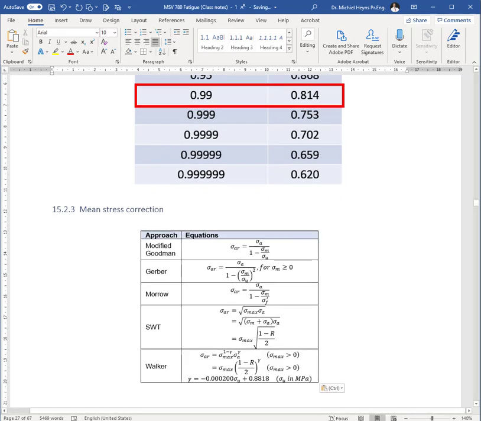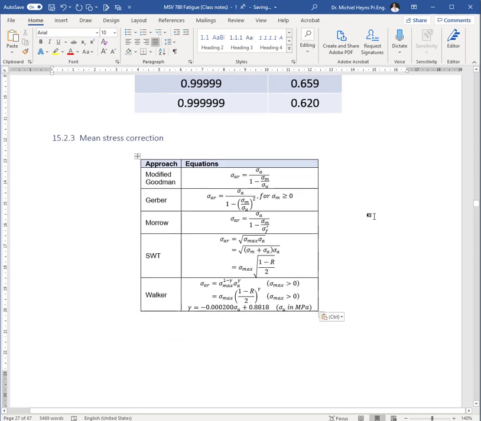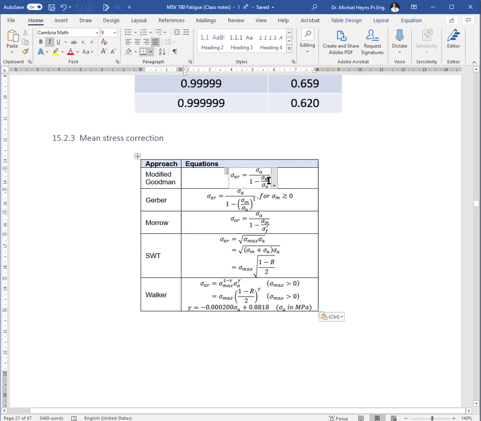So these are the theories that are available. My opinion is that for the high ultimate tensile strength that we have, the modified Goodman equation is more than sufficient to calculate the completely reversed stress amplitude sigma AR from the amplitude and mean that we have for every signal and the ultimate tensile strength of the material. So that's one that we can use, and I suggest that we use it in this case just so that I can do manual calculations in front of your eyes.